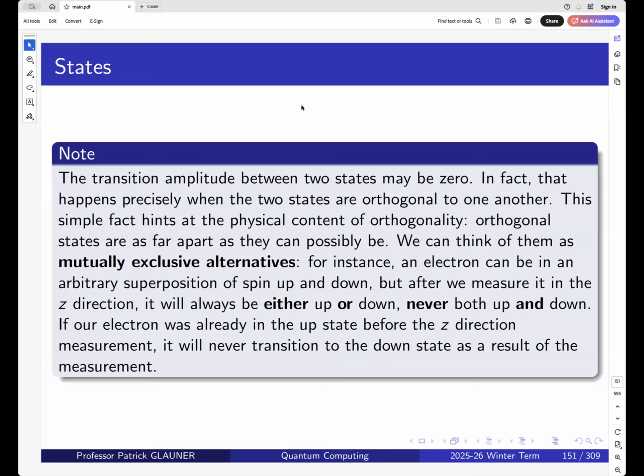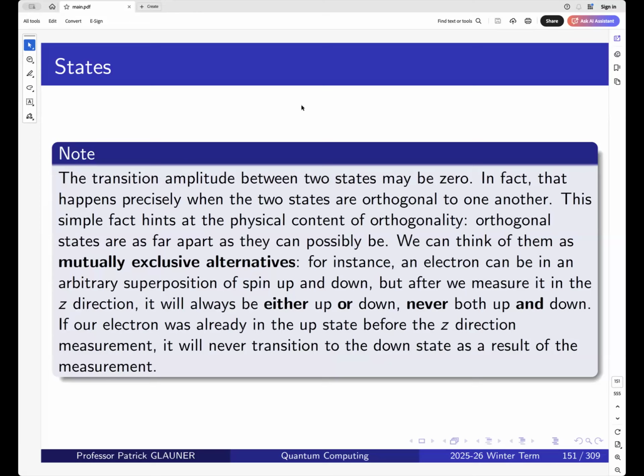And as you know, if the inner product of two vectors is zero, this means that the vectors are orthogonal to each other.